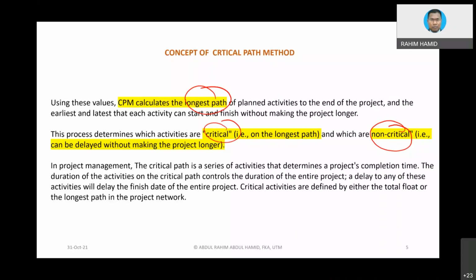If an activity doesn't have any free time, then that activity can be considered critical, whereas non-critical ones do have free time where we can adjust whether to start early, or to start at the latest date, or to start in the middle. Okay, it is up to us. That is the concept.